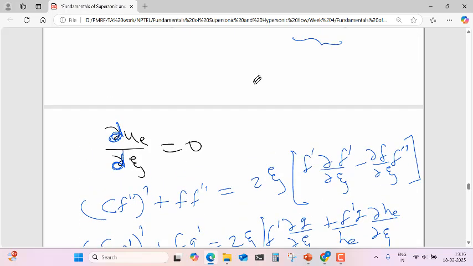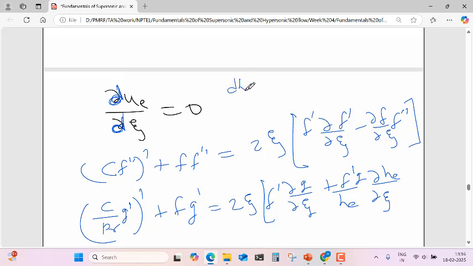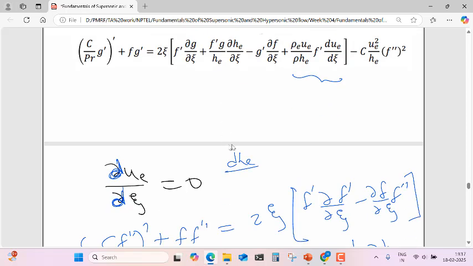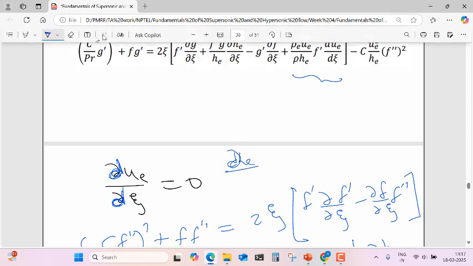If He is also constant, then dHe by dxi, ∂He/∂xi, also will be 0.